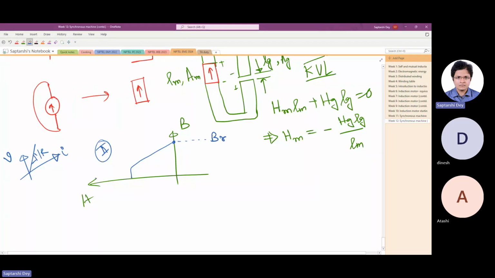Similarly, something like this we can do in the magnetic circuit also. How to do that? Let us see. So for the air gap, we can write Bg is equal to mu naught Hg.